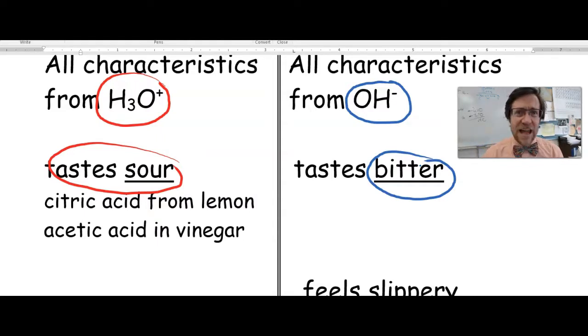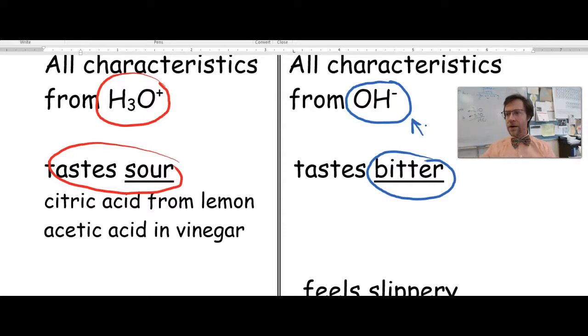I don't have any good examples for what bitter tastes like, because one of the problems with basic solutions, and this ion right here, is that it really likes breaking apart polypeptide bonds, which is what holds together the proteins that make us. And so we have evolved to not really like things that are terribly bitter, because often it is a signal that the substance is a base and is going to be really bad for us.